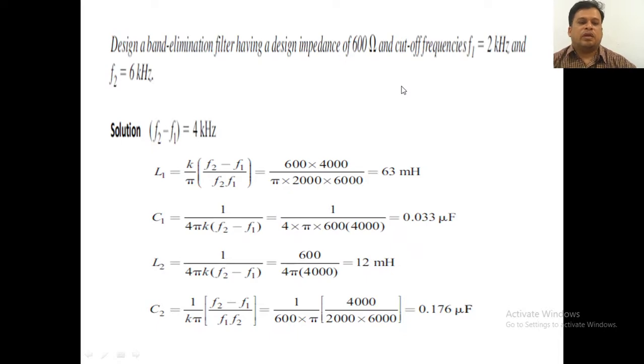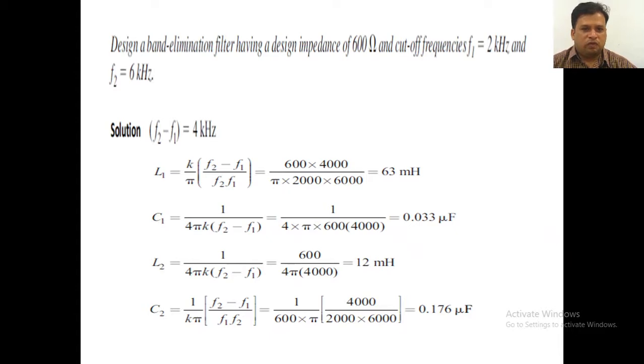So L1 is equal to k by pi into f2 minus f1 by f2 f1. This is the formula derived from the band elimination filter diagram. Here we write 600 into 4000 divided by pi into 2000 into 6000.